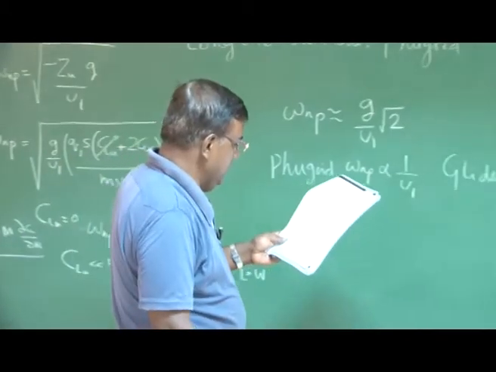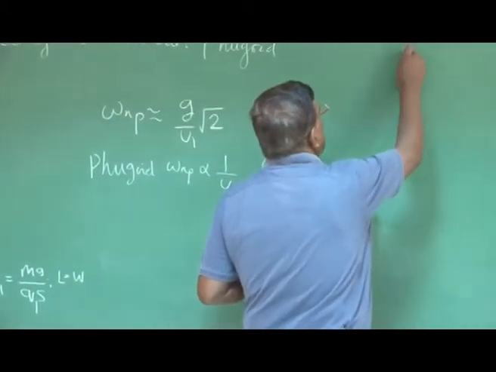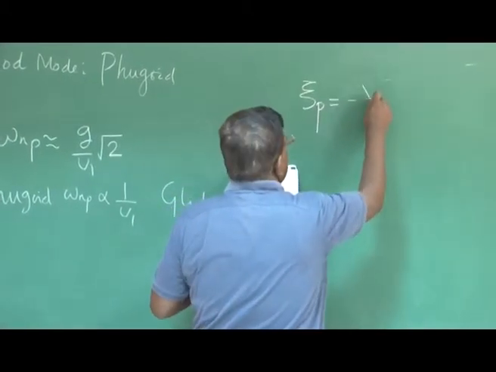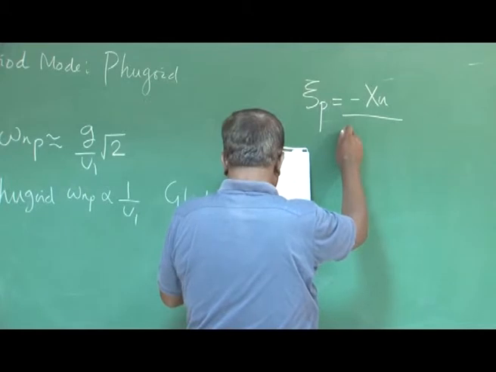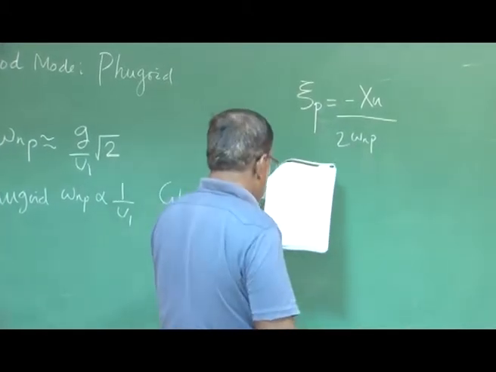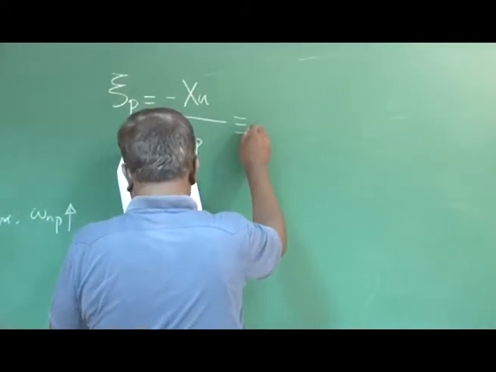Now, story doesn't end here. Now let us see zeta p, Phugoid damping, which by expression is minus xu by 2 omega np. And again I substitute the expression for xu and all.